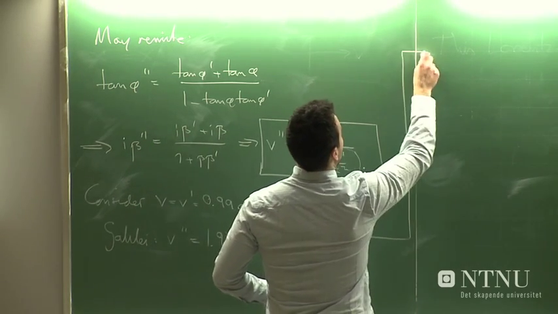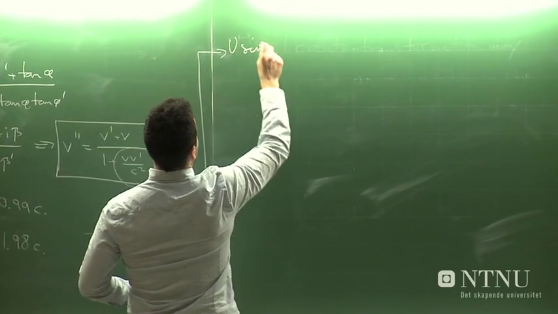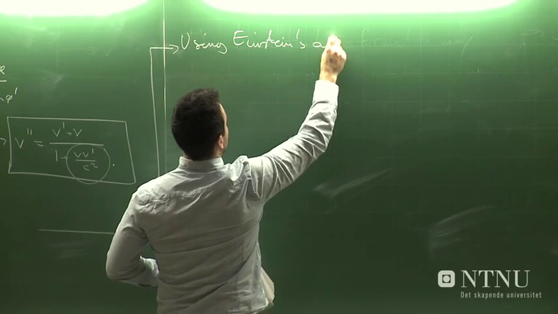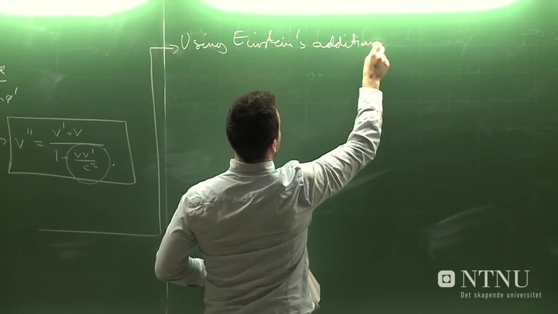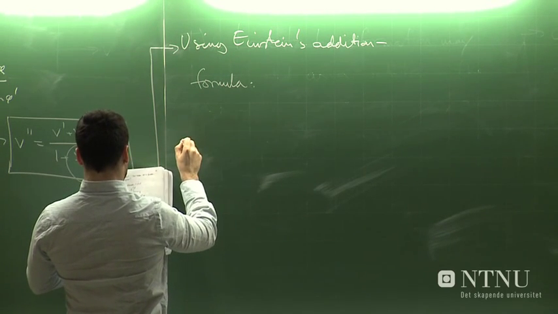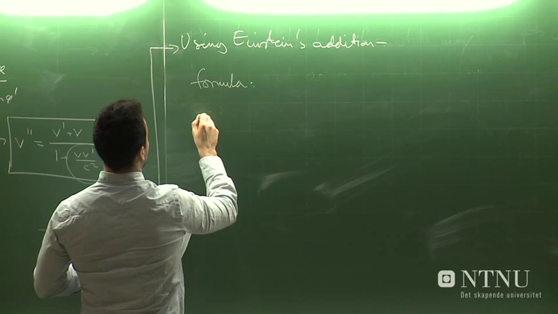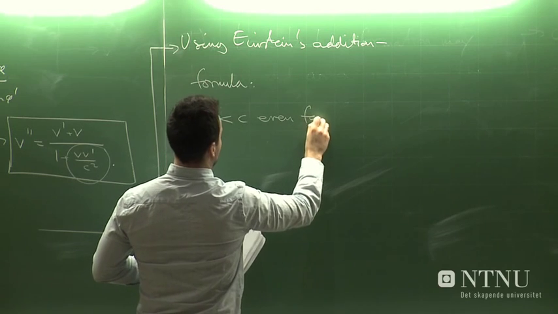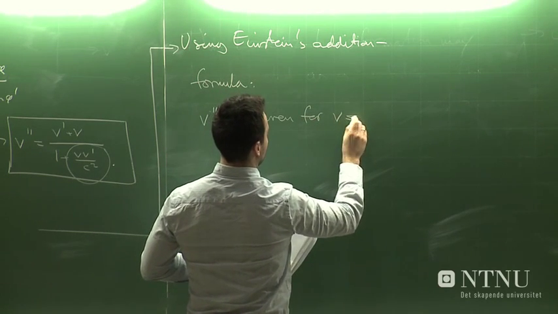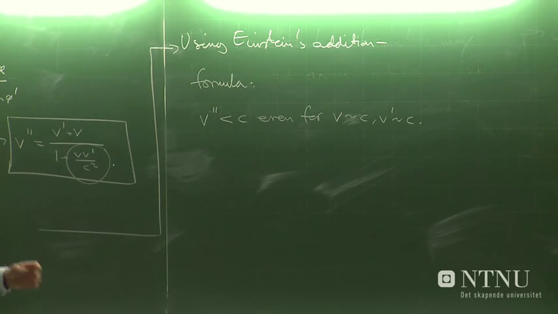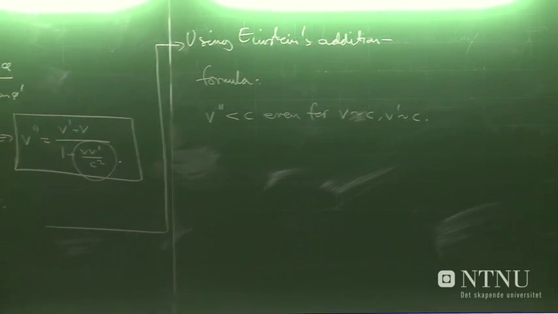So we would find here that v double prime is smaller than c, even if these two velocities are comparable to the speed of light.